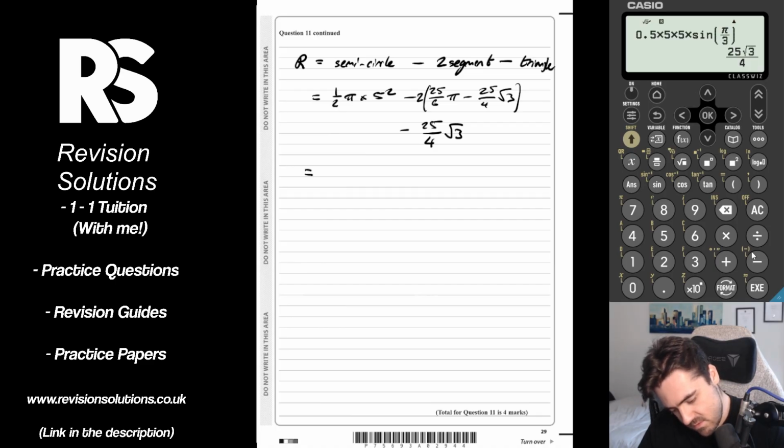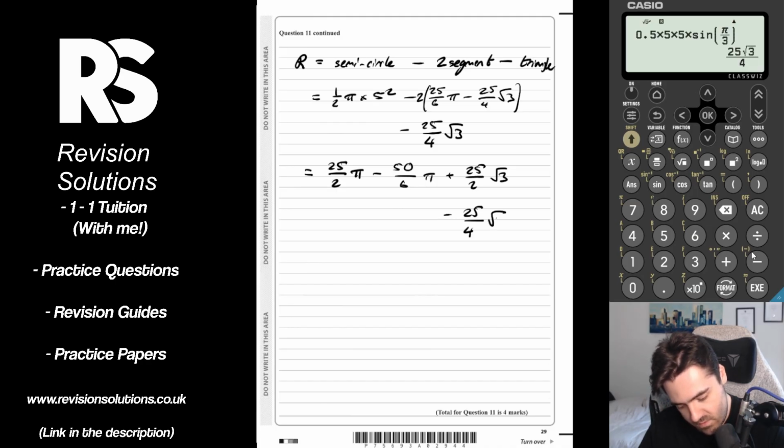So that's going to be 25 over 2 pi. Then we've got minus 50 over 6 pi. And then we've got a double minus, so plus 25 over 2 root 3, and then another minus 25 over 4 root 3.